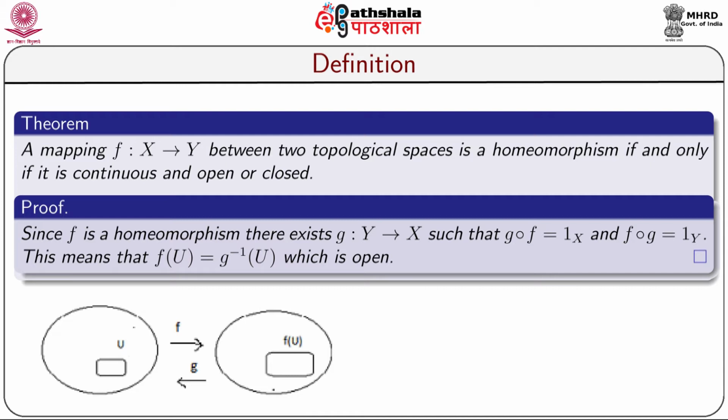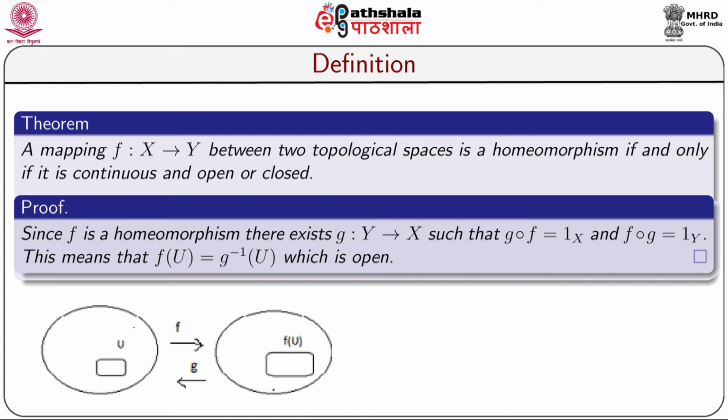Proof. Of course, the mapping should be continuous and bijective. Since f is a homeomorphism, there exists some g from Y to X such that g compose f is equal to the identity mapping on X and f compose g is equal to the identity mapping on Y. This follows from the definition.